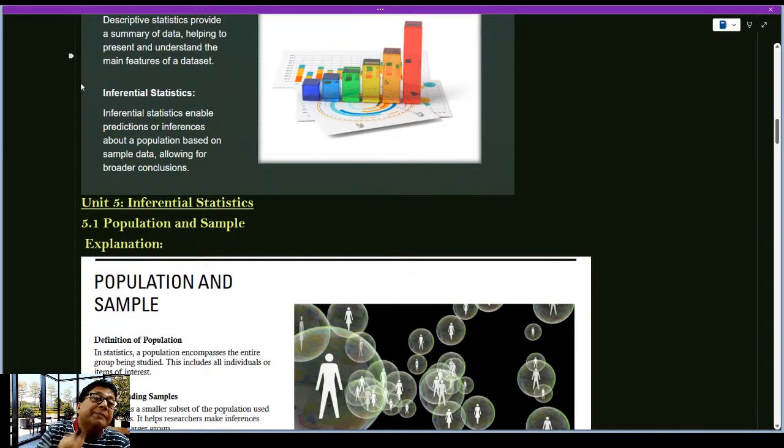This we don't do in descriptive statistics. We have never drawn any conclusion in descriptive statistics. We have just stated it is the mean, it is the mode, it is the median, and not for large data. Data was not very large.